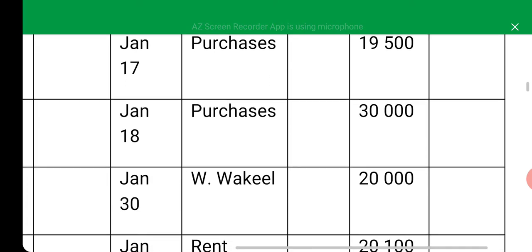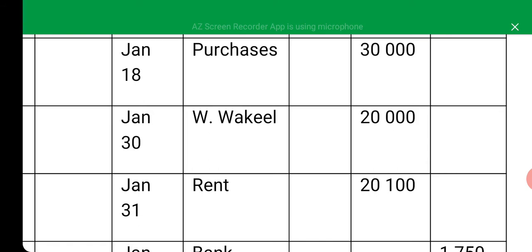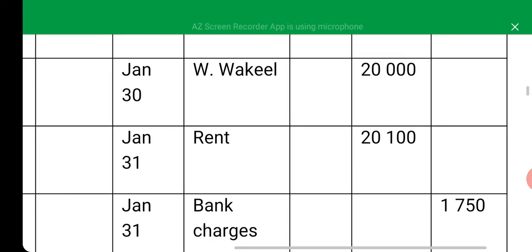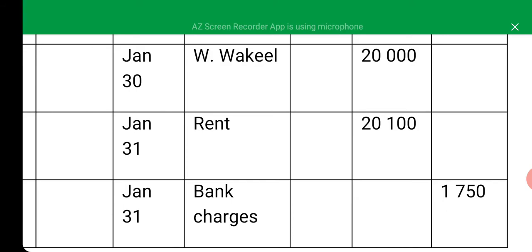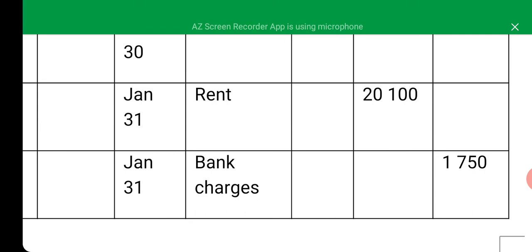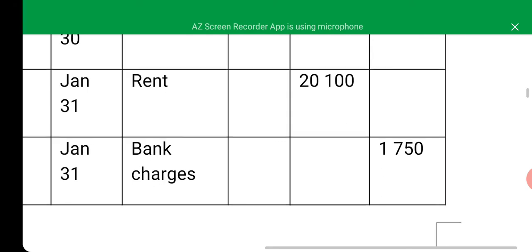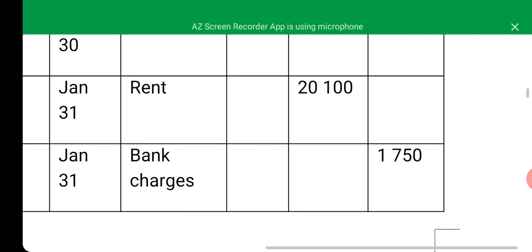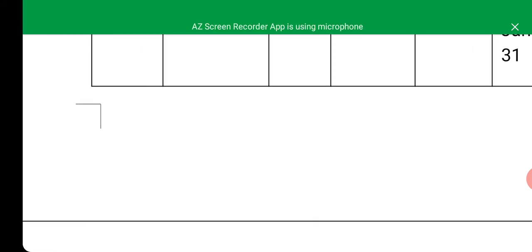On January 20, Wakil was paid the sum of 20,000 naira cash, and rent was paid in cash as well. Then January 31st, the bank charges were paid. This will be paid through the bank account and therefore is going to be credited and recorded in the bank column of the account. With this, we have posted all the transactions given to us in the question.